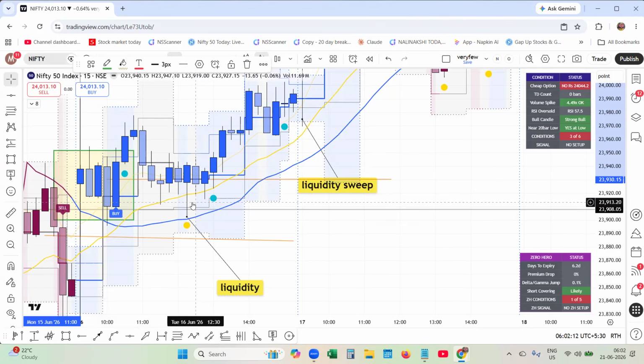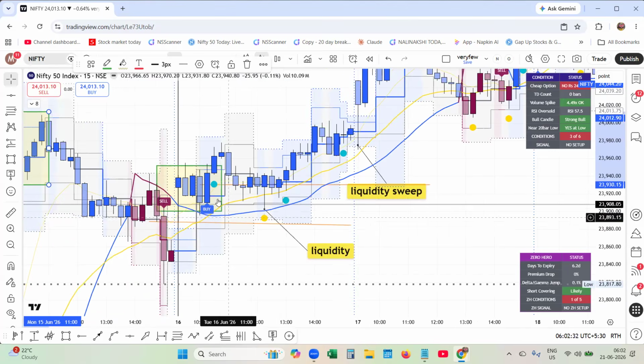How many times you might have used Bollinger Bands? That is a popular term. People come, and when it blasts above the Bollinger Band, it is a buy. Contraction of the Bollinger Band, contraction of the Keltner channel, and the expansion, everything is included in this. You need not struggle for any contraction or anything.